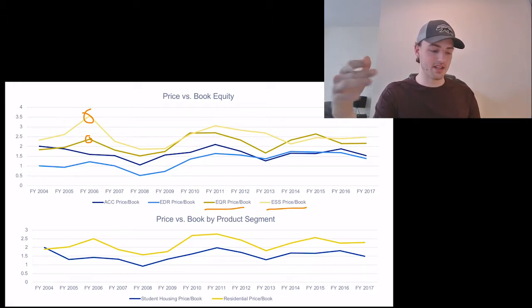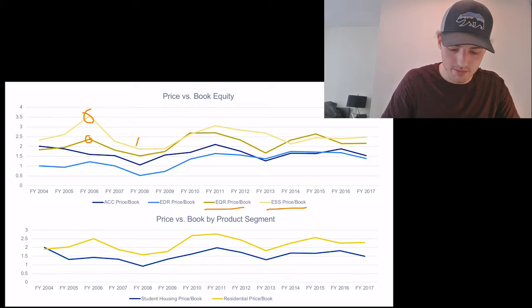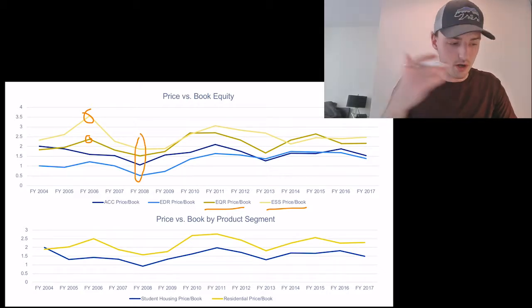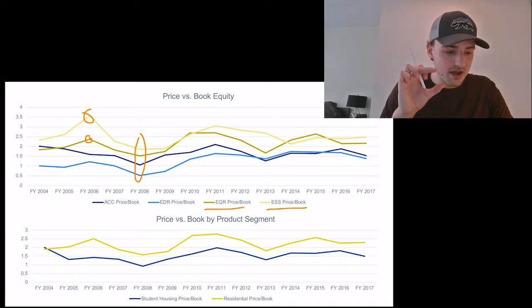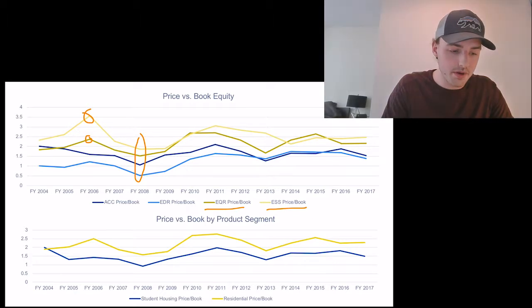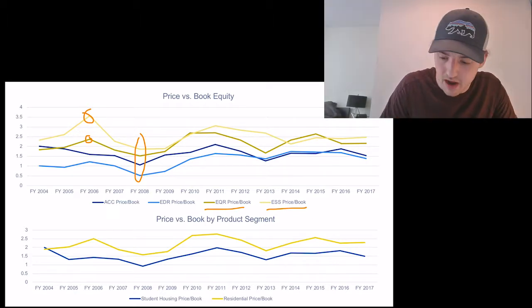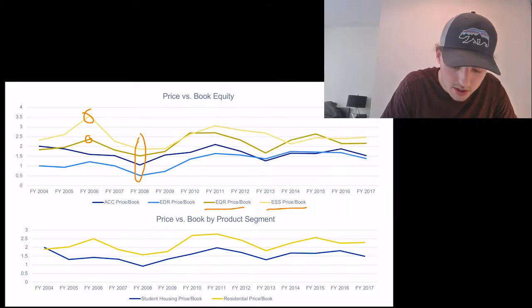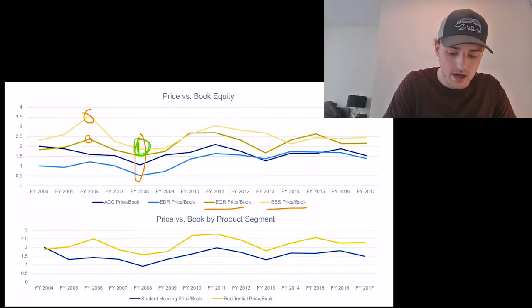So in fact, notice the year-end numbers in 2008 for all of these companies. Boom, right here. They're all the minimum troughs, right? Notice that even at these points, residential property REITs only got down to an average of 1.75 price to book right here. Only ever got down to 1.75.